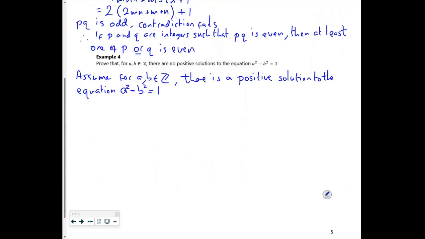All right. God, how do we do this then? Let's have a look at a squared minus b squared is 1. Hopefully, it hopped out at you that that's a difference of 2 squares. So I've got a plus b and I've got a minus b.